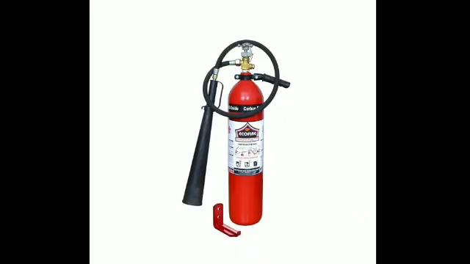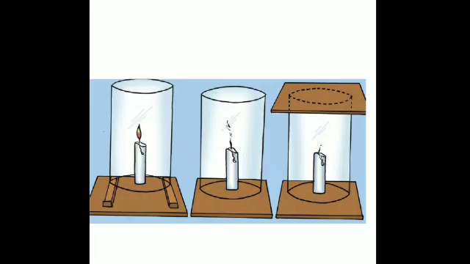Then you all must have come across this kind of equipment. It is used to extinguish fire, and this is known as a fire extinguisher. Fire is produced by burning or combustion of a substance. The two conditions which are necessary for producing fire are a combustible substance and a supporter of combustion.